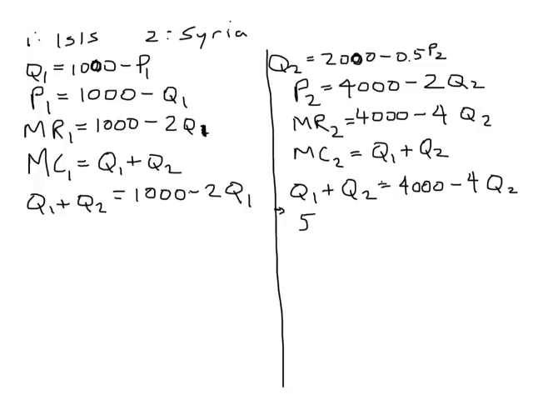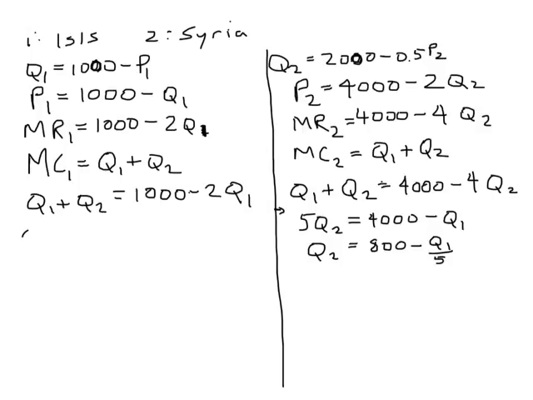I get 5Q2 equals 4,000 minus Q1, and then dividing through by 5 and simplifying gets me Q2 equals 800 minus Q1 over 5. And I can take 800 minus Q1 over 5 and substitute it out for Q2 in this expression, and then I'll have one equation and just Q1 to solve.